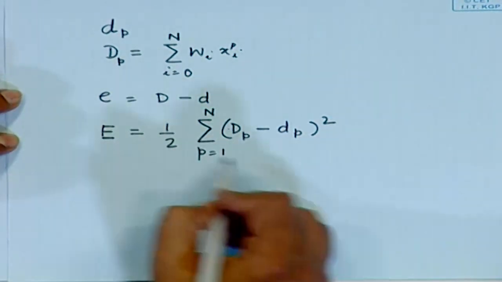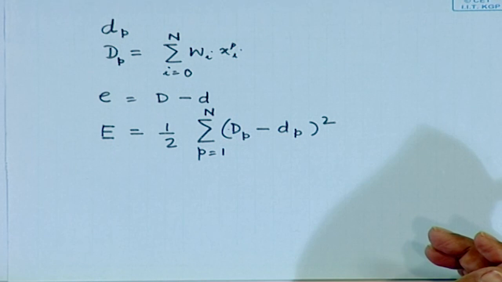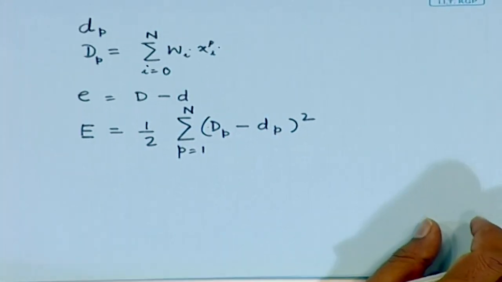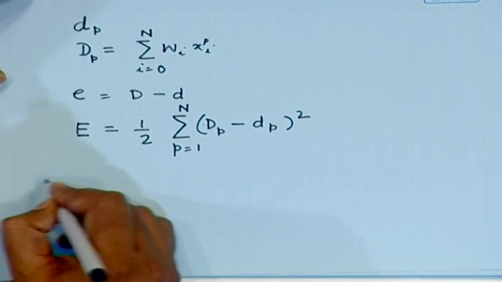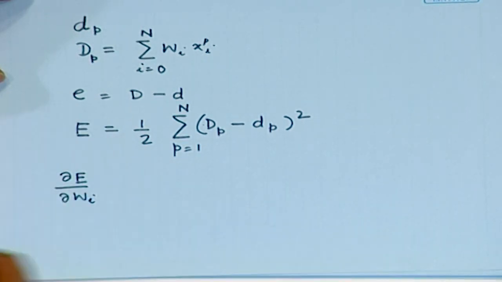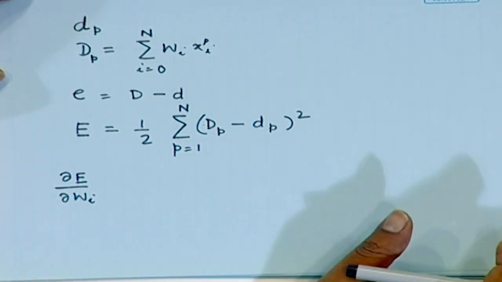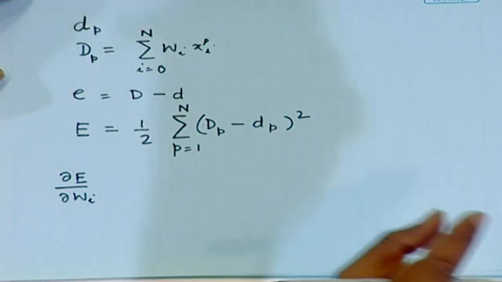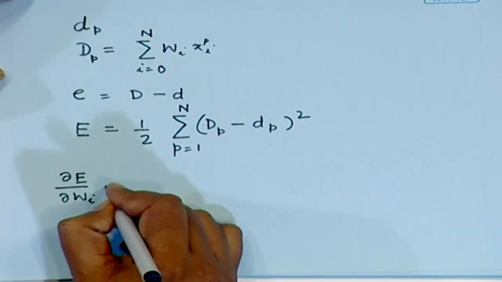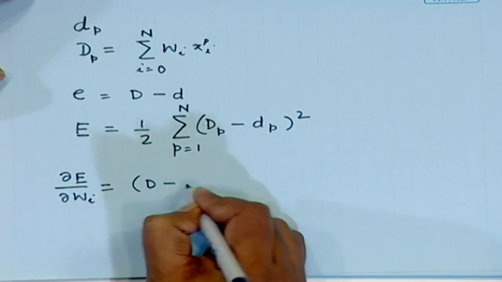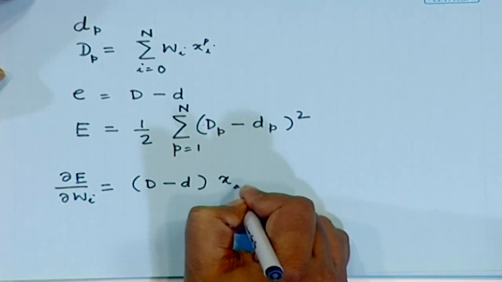For that we have to take the derivative of this squared error with respect to our weight vector W. So, if I take the gradient, del E upon del Wi, which is the ith component of the weight vector, where i varies from 0 to capital M, as there are m plus 1 components, including the one that we have added as bias, this del E del Wi, if you compute it, will simply become the target output minus the actual output, into xi.